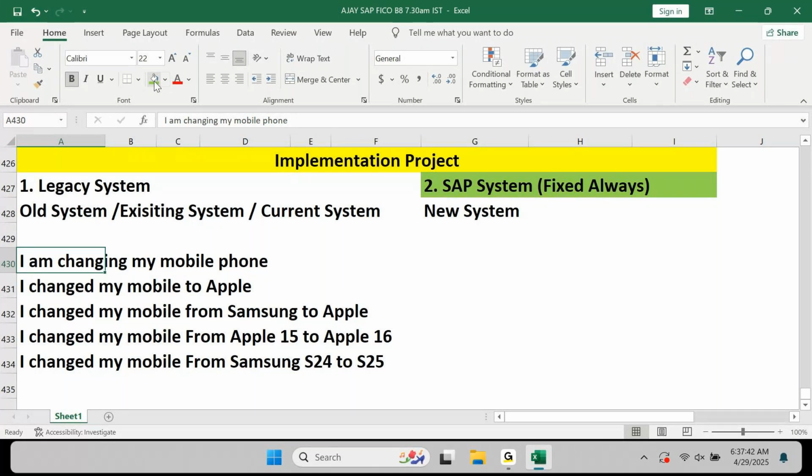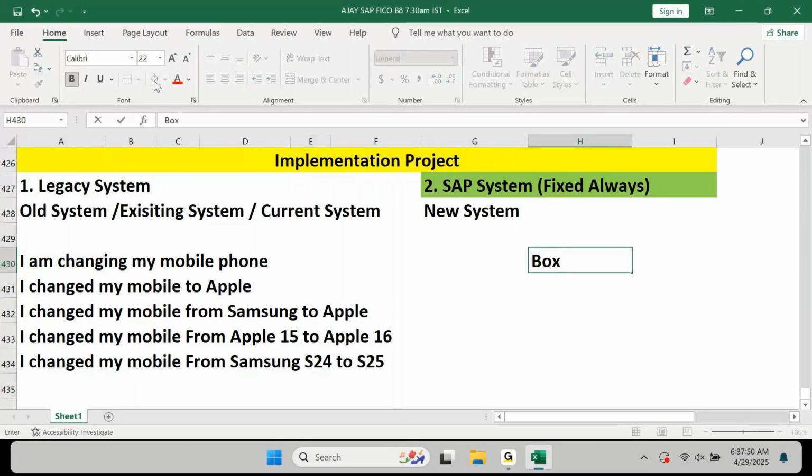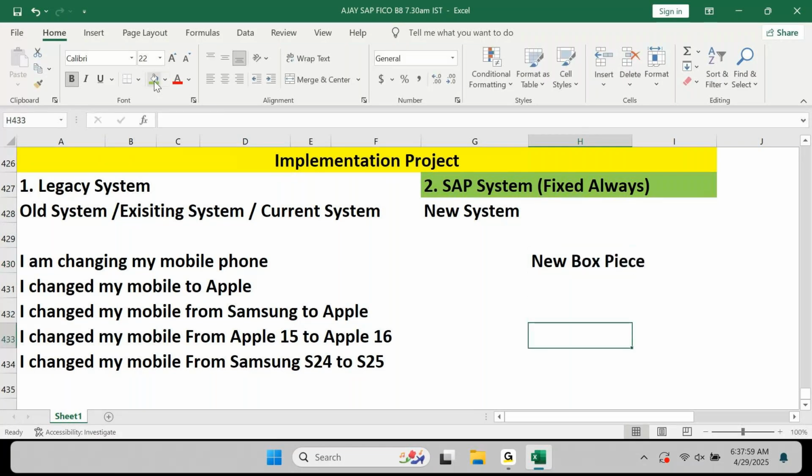Correct? Now, when you are changing to a new mobile phone, if I give you a new box piece, are you happy or not happy?